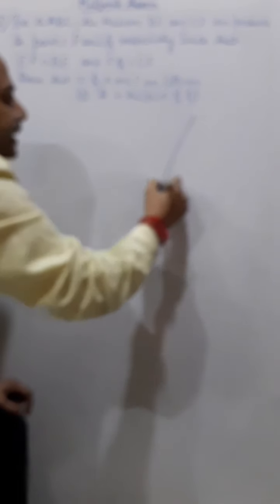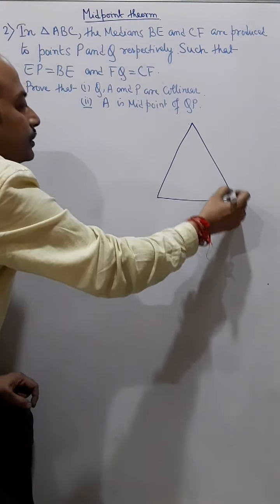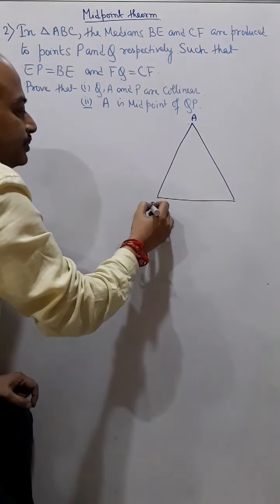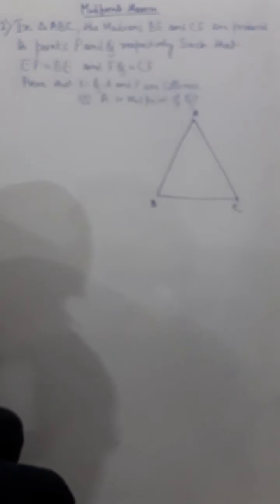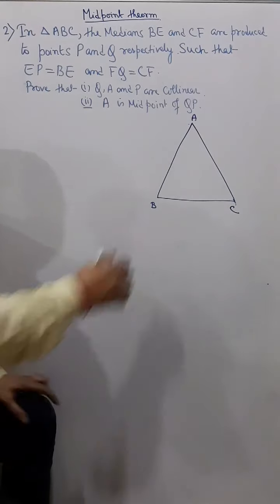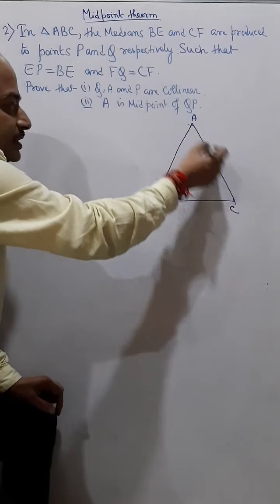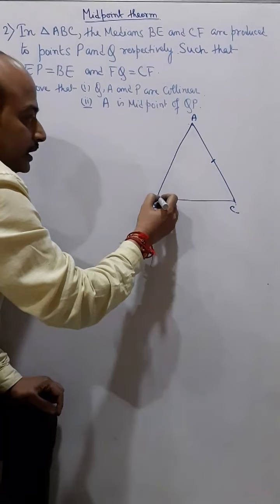You see, this is a triangle, a triangle A, B and C, and they told the medians BE and CF. So BE is a median. Just now I have told you in the previous sum, median means this midpoint and this.